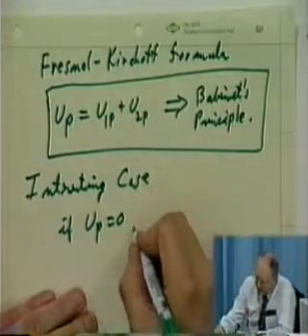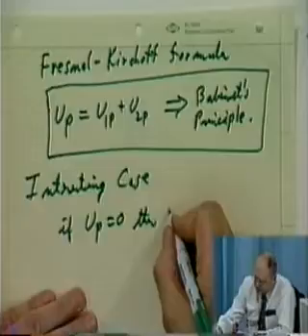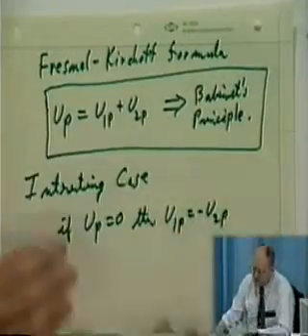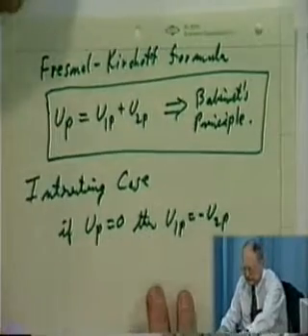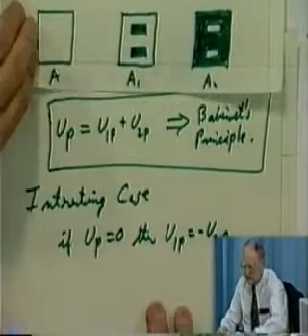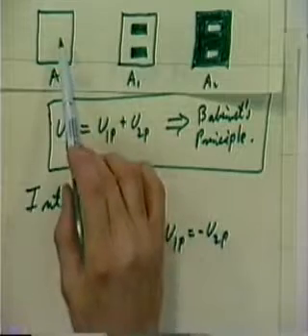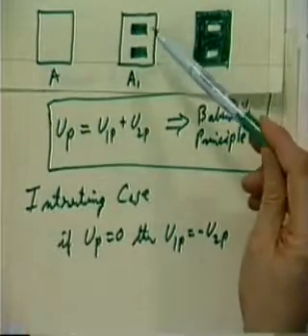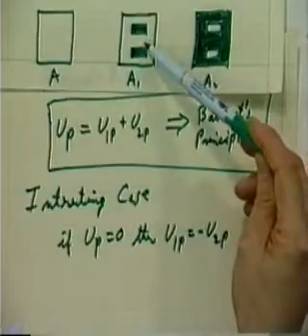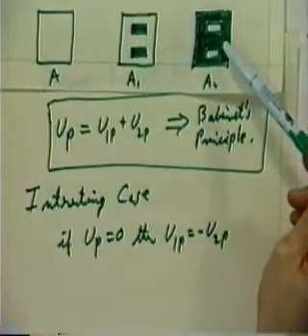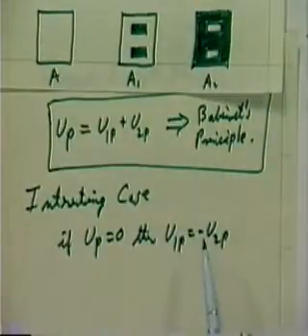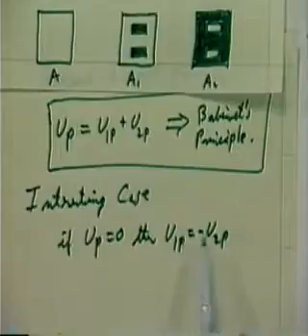Then u sub 1p is minus u sub 2p. So in that case, at locations where the disturbance produced by light going through the full aperture is 0, the disturbances produced by light going through each of the two complementary apertures have the same amplitudes, but they would be out of phase by 180 degrees.